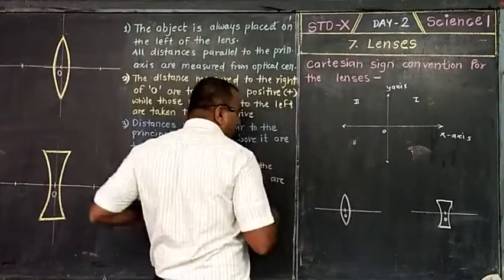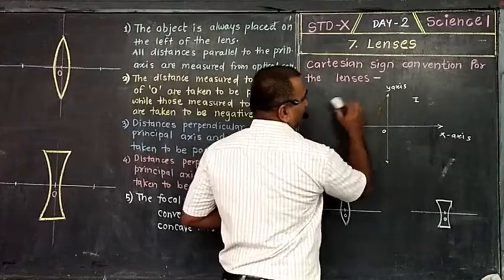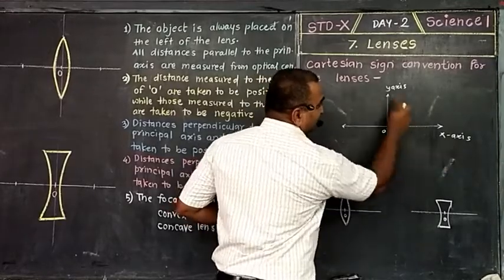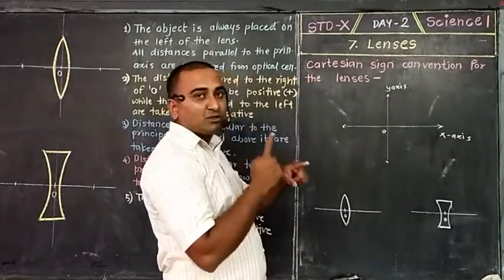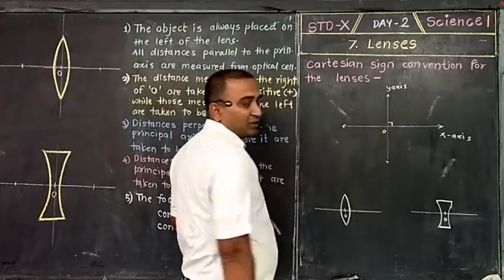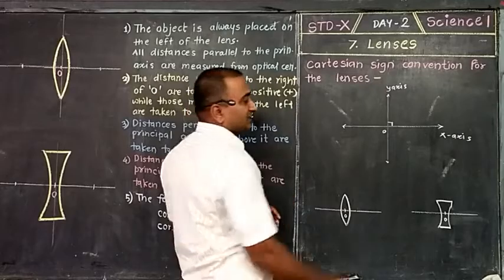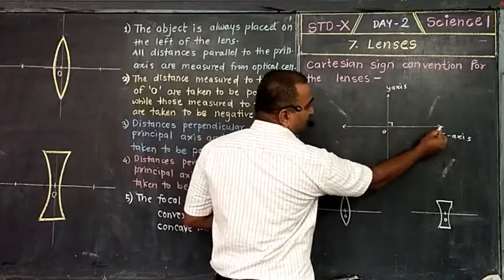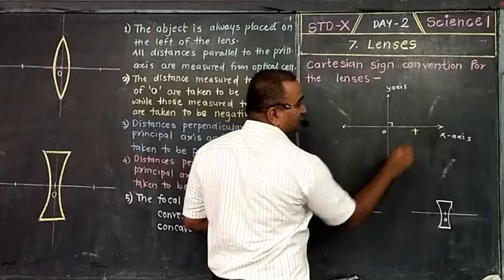See here, when these two axes, the x axis and y axis, intersect each other perpendicularly, this point is called the origin. So how do we measure the distances? All distances to the right of the origin are positive.